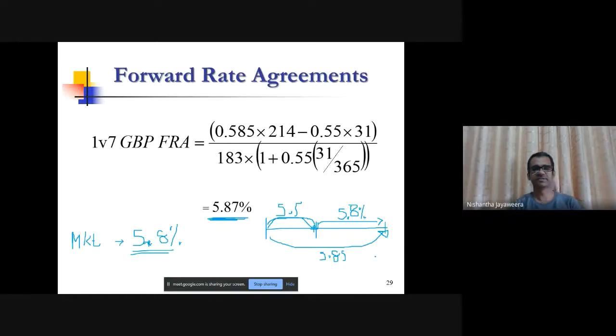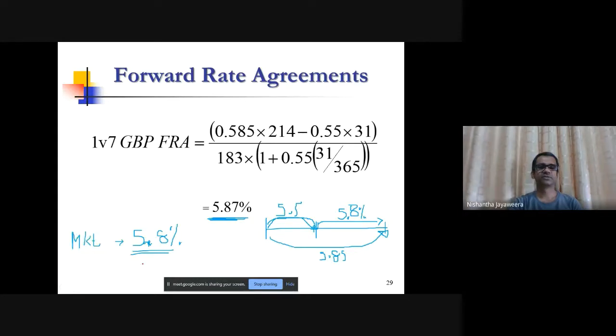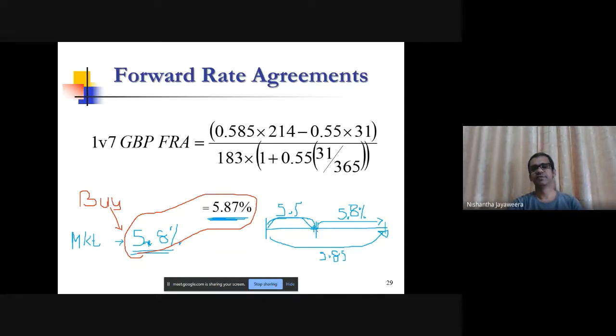There's an arbitrage, an obvious arbitrage, because there's a difference between the market rate and the implied rate. So the market is cheap, and therefore you would buy the FRA. That means you agreed to pay 5.8 for this period.